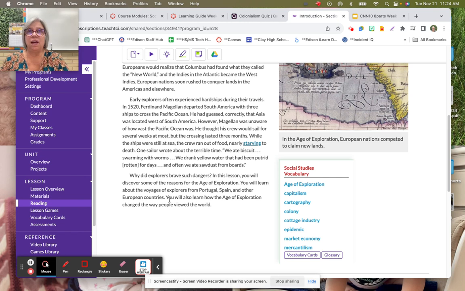So think of the age of exploration. The only thing really that I can think of to compare it to today is space. We know that there are some things in space that we can see, right? And we have sent out different things into space and found other things that we were not able to see with our naked eye.